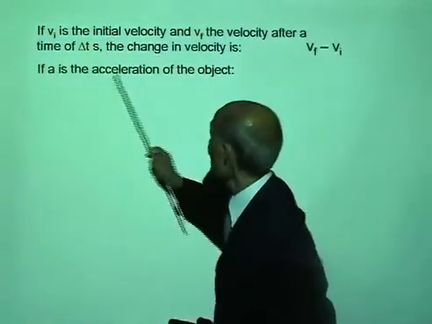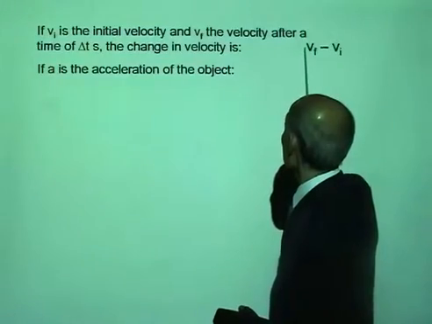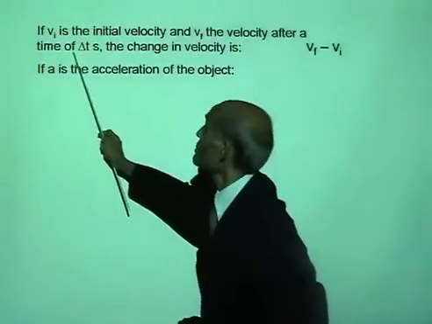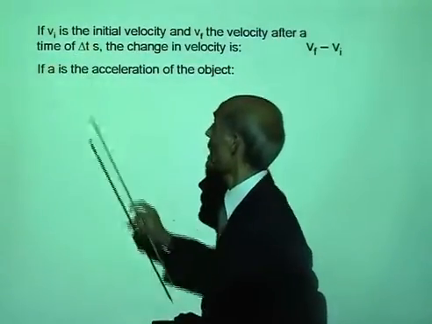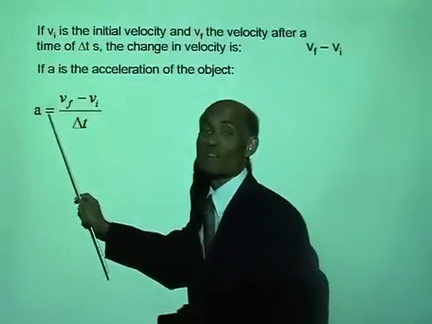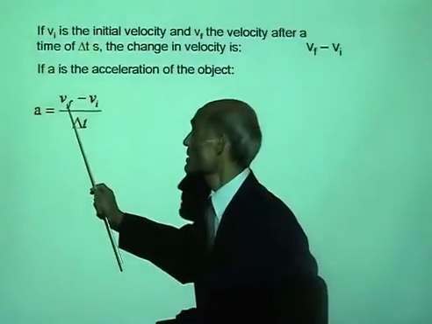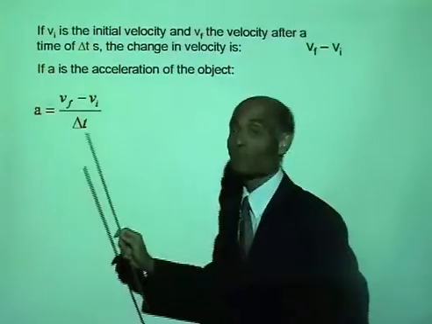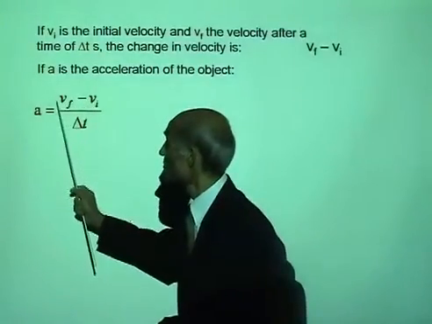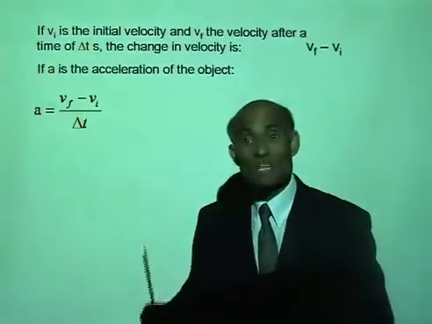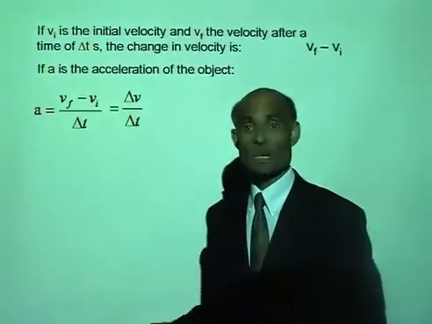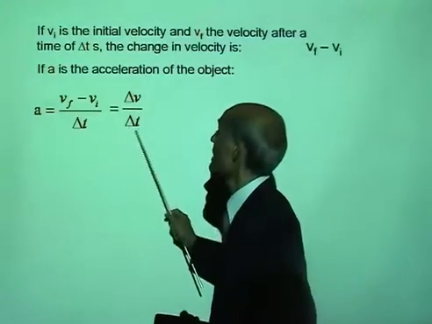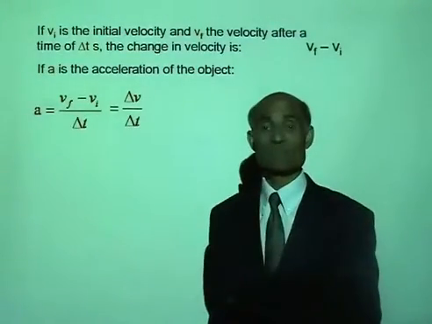So, if a is the acceleration of the object, this change in velocity occurs during this change in time. So, you have acceleration equal to Vf minus Vi divided by delta t. And let's now write Vf minus Vi equal to delta V, right? So, acceleration is delta V divided by delta t.